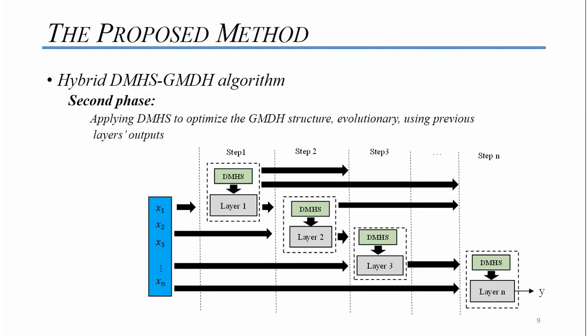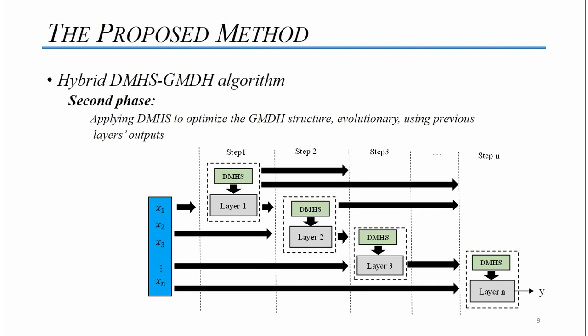In the second phase, the DMHS algorithm is performed to generate the optimum structure of the GMDH model. This process involves an iterative and evolutionary process and is applied to each layer separately. In this step, a certain number of polynomial neurons are made according to the inputs.